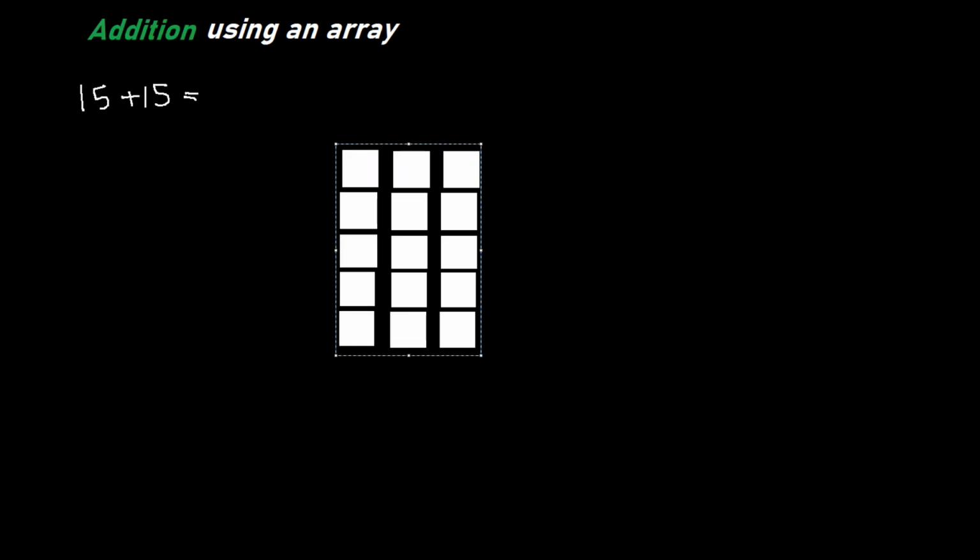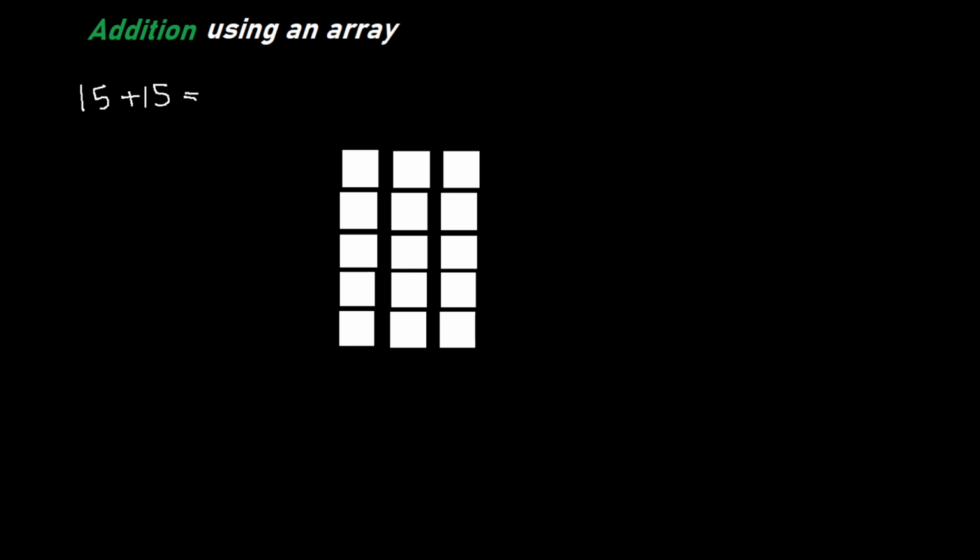Next, we're going to use an array to solve addition problems. Here we have 15 plus 15 equals what? I have created an array of 15, 3 columns of 1, 2, 3, 4, 5. 3 columns of 5 is 15.